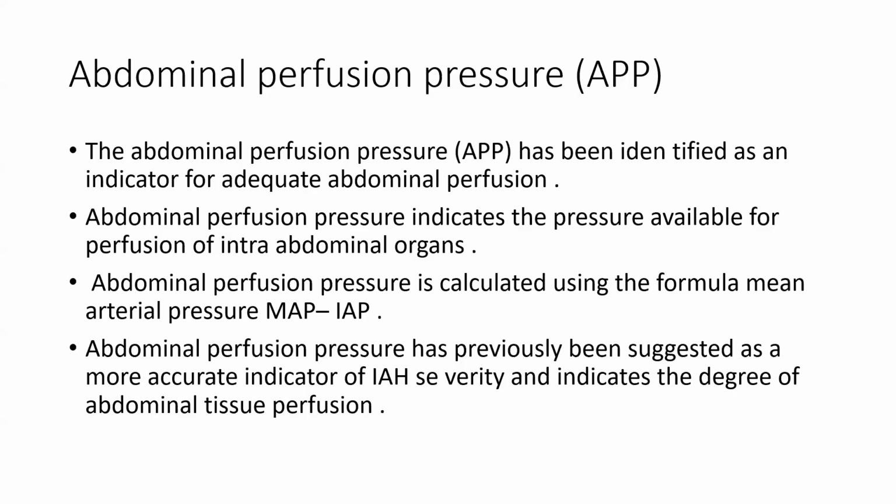Now, the next concept that we need to know is abdominal perfusion pressure. Abdominal perfusion pressure has been identified as an indicator of adequate abdominal perfusion. So the abdominal perfusion pressure indicates the pressure available for perfusion of intra-abdominal organs. So how to calculate this? We can calculate this by the formula, that is mean arterial pressure minus intra-abdominal pressure. Abdominal perfusion pressure has previously been suggested as a more accurate indicator of intra-abdominal hypertension severity and indicates the degree of abdominal tissue perfusion.